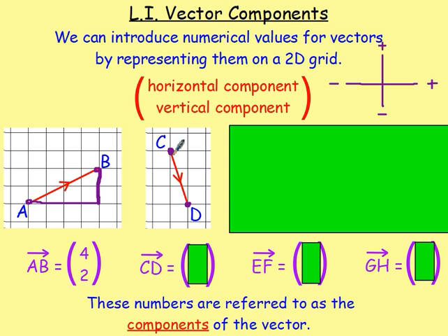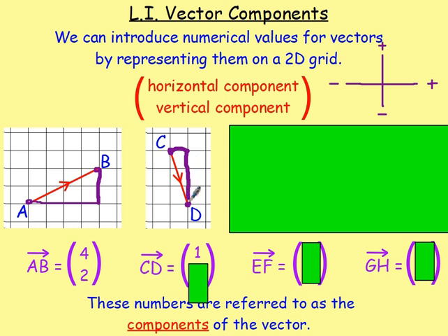Well, you would always move horizontally first. You would move horizontally just along this one box, which means the horizontal component will just be 1. Once you've done that, you're going to have to move vertically. So how far down or up would you move vertically? Well, you would move down 3.